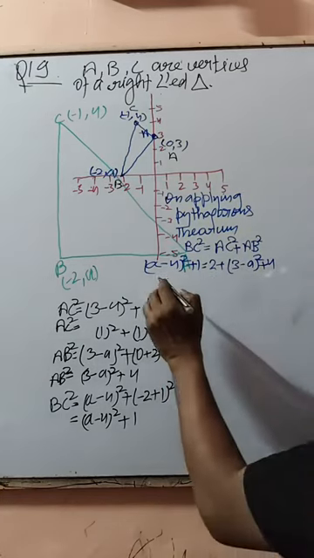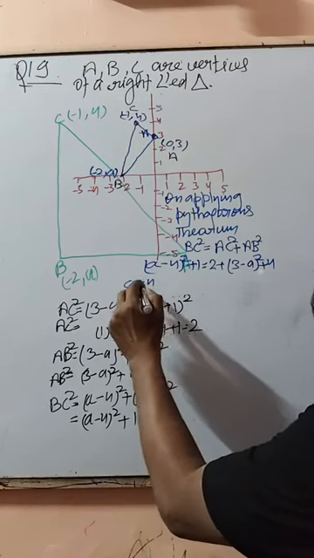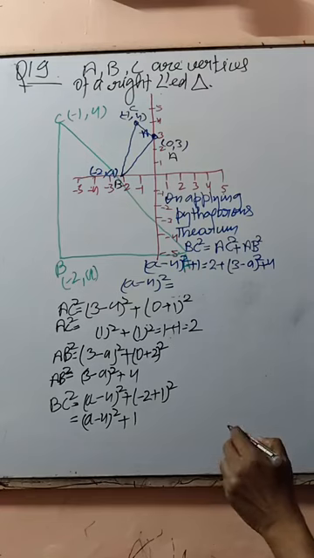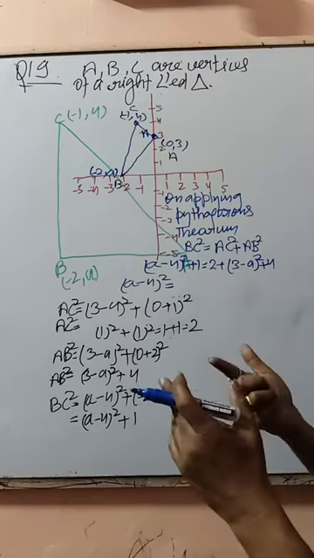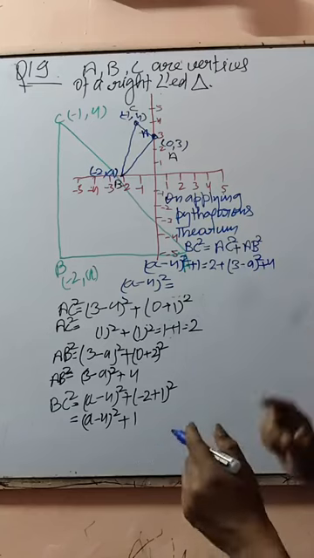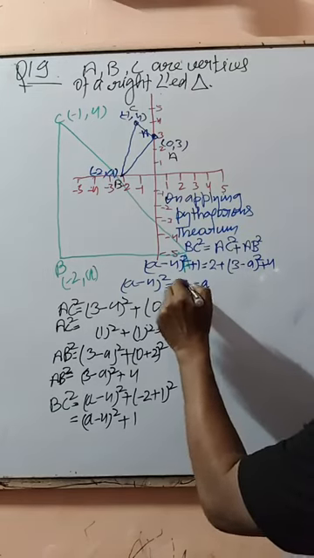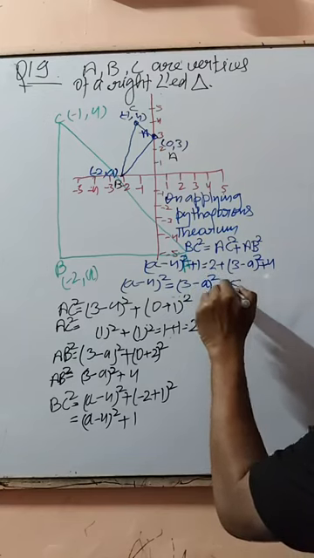Now we write a minus 4 whole square is equal to 2 plus 4 is 6, 6 minus 1 is 5, so 3 minus a whole square plus 5.